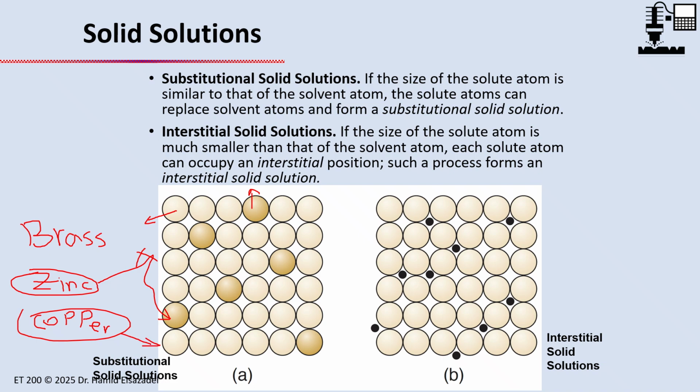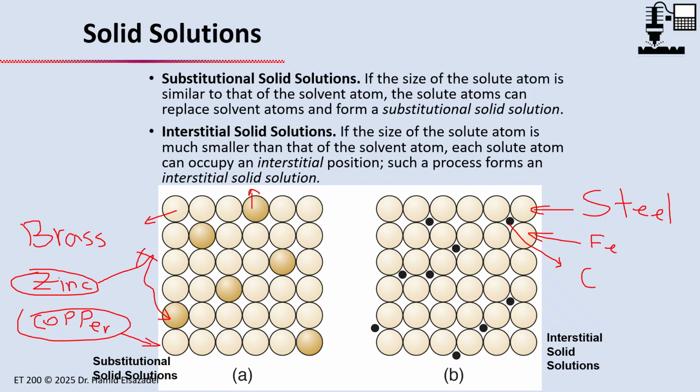The next one is the interstitial solid solution. This is when the size of the solute atom is much smaller than that of the solvent atom. A good example is steel. In steel, we have iron, Fe, and these small particles are carbon.